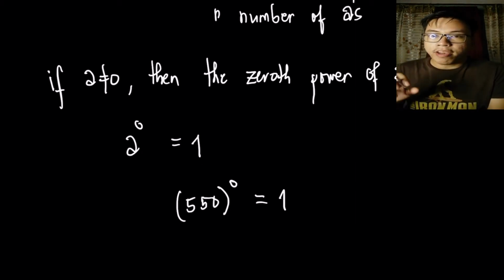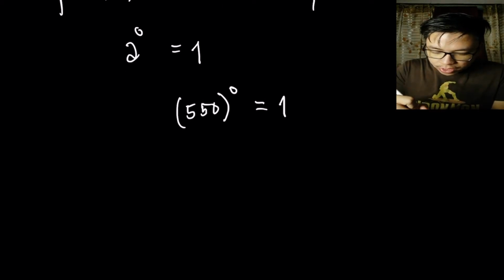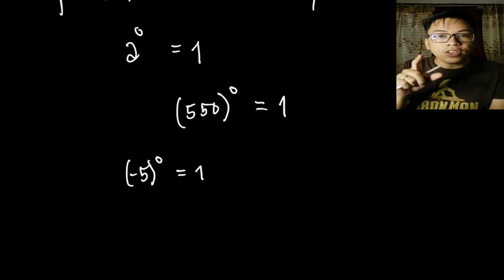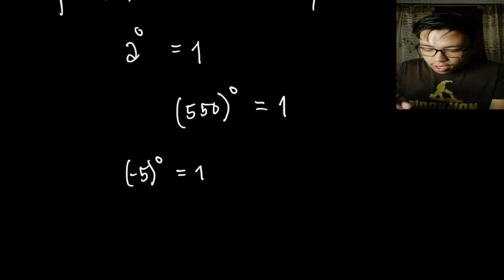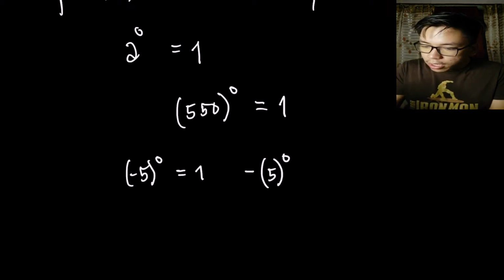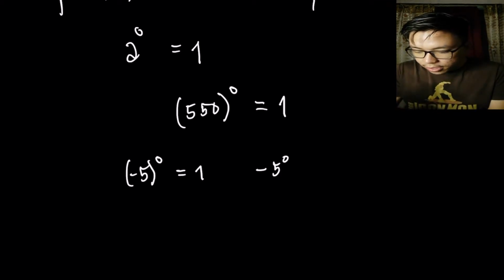But you have to take note that there is a difference, because if you raise negative 5 to 0, that's equal to 1, because negative 5 here is considered as one entity. However, if you write negative 5 to the 0 without the parenthesis, then technically that's negative 1.